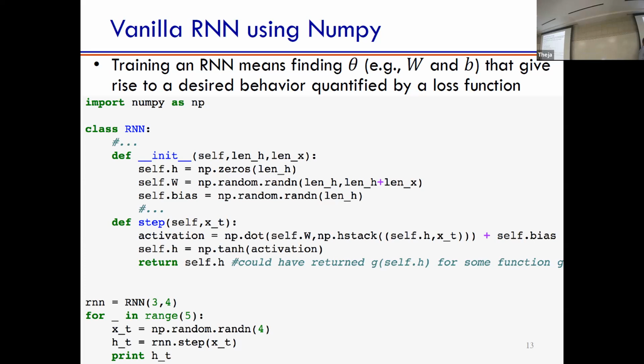For _ in range 5 means take 5 steps. I'm randomly generating a vector here with np.random of dimension 4 because we want to create an input of dimension 4. And I'm passing it as an input while calling the step function. The step function takes the input, does these 2 steps, and returns the hidden vector, and that's what I'm printing here. It's just: if I had created a class like this, how do I use it to do a forward pass?